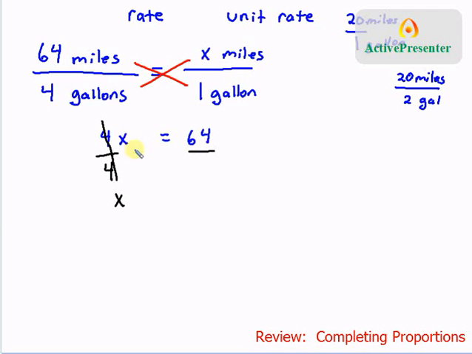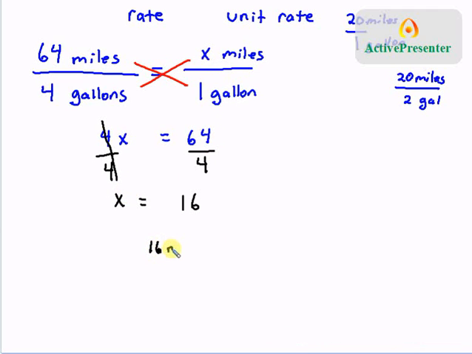Now over here, to keep our equation balanced, we have to divide by the same thing we divided by on the right side. So 64 divided by 4 is 16. x is equal to 16. In this case, our unit rate is going to be 16 miles per 1 gallon.